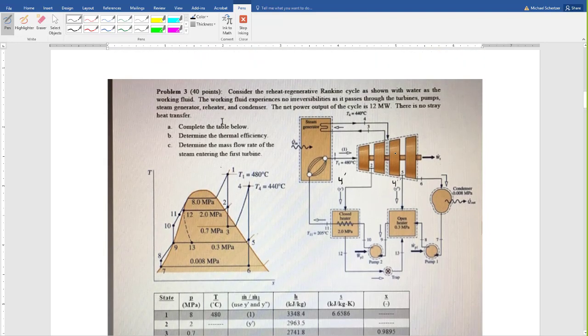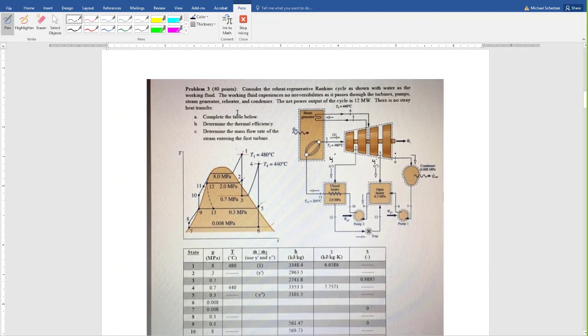So the first thing that I like to do with these problems is bust out some colors, so I can make it easy for myself to know where the mass flows are. This is the whole mass flow that goes into the first turbine. I'll use green for the whole mass flow. It's the whole mass flow that comes down into this boiler through this half of the closed feed water heater.